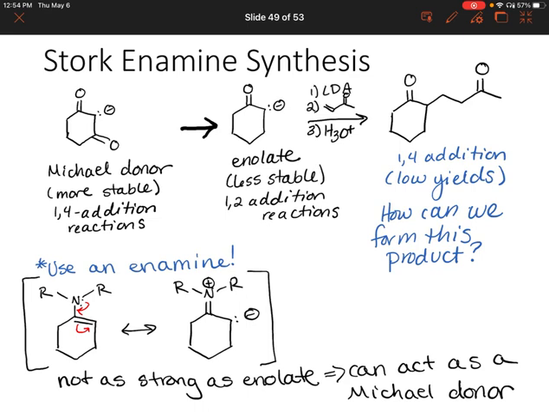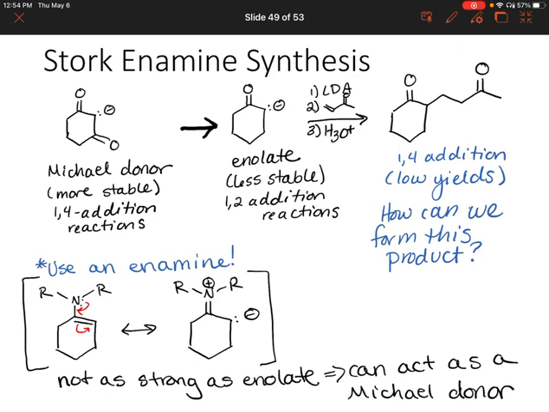But what if we want to form the 1,4 product as our major product? Well, instead of using LDA, we can actually use our secondary amine in acid, and that will give us an enamine, which will then give us the 1,4 addition product as the major product.